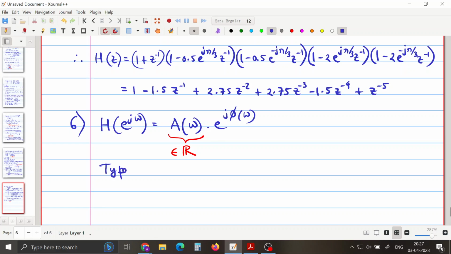This is given as a type 1 linear phase low pass filter. Of course it's an FIR filter, it's a low pass filter, and it's a type 1 which is used as a low pass filter.